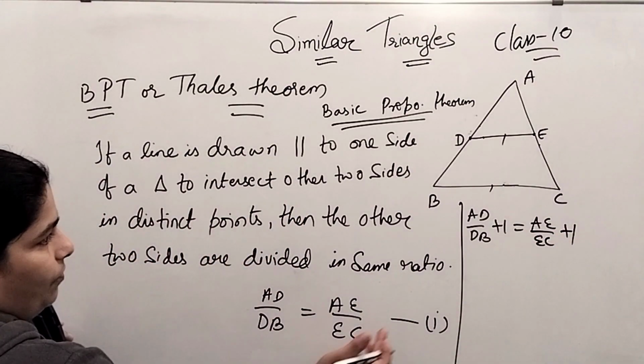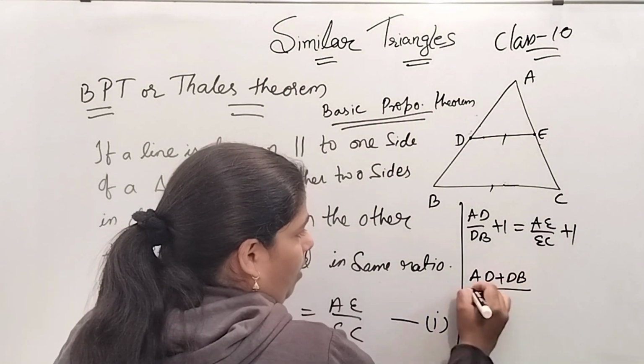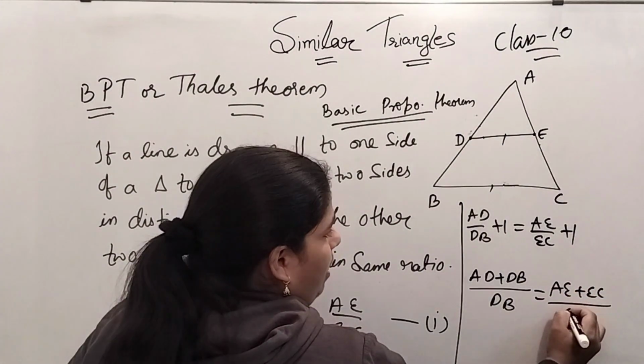I think it is not visible, that's why I have written over here. AD plus DB upon DB is equal to AE plus EC upon EC.